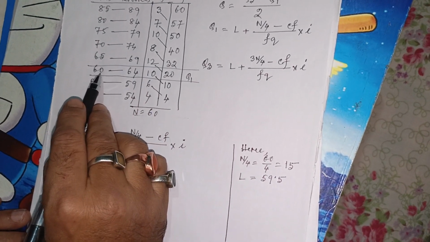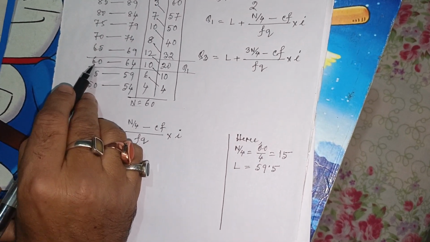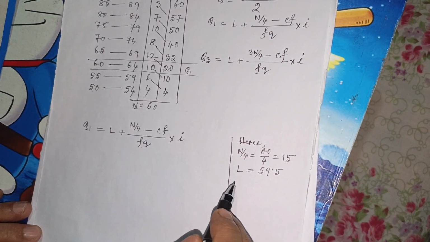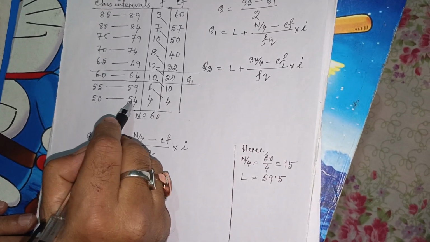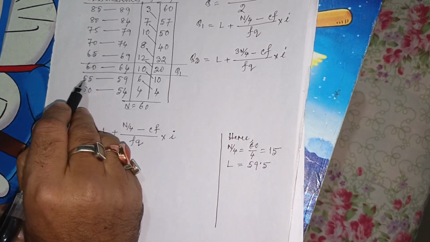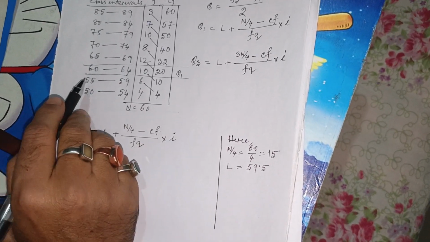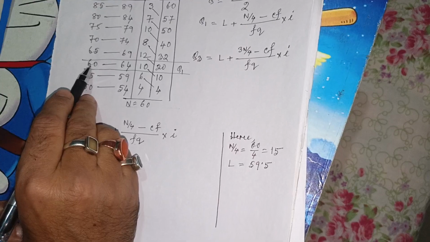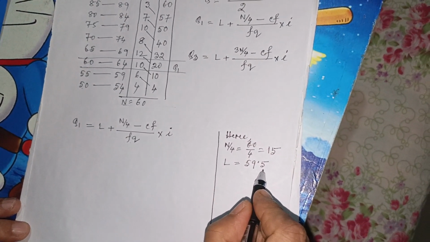So in the first quartile series, what is the lower limit? That is 60. So L actually should be 60. But we can't take 60 exactly as 60. Why? Because there is a gap of 1. Because 50 to 54, then 55 to 59. So after 54, it is 55. There is a gap of 1. So to minimize that, we will deduct 0.5 from the lower limit. So if you deduct 0.5 from 60, you will get 59.5.